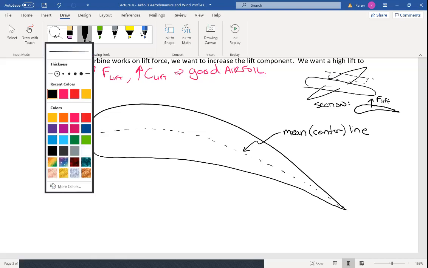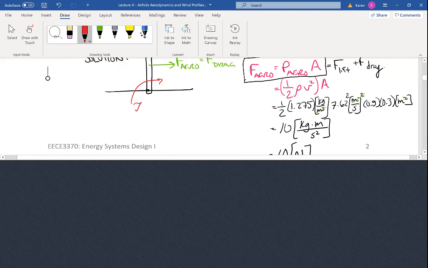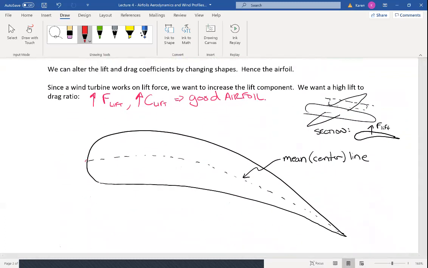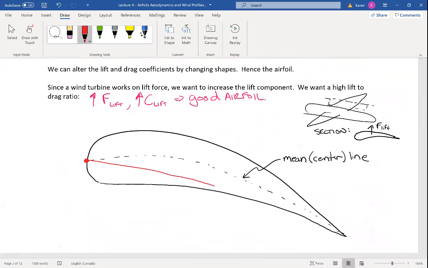And so let's define something here in an airfoil. If I go from the tip of this mean line all the way down to the tail of this airfoil, then that is called a chord line.